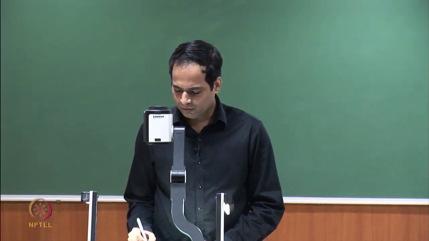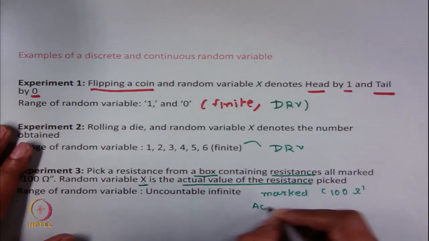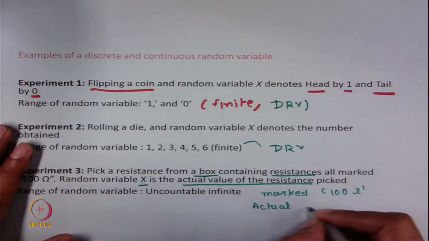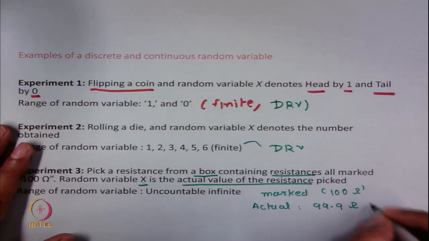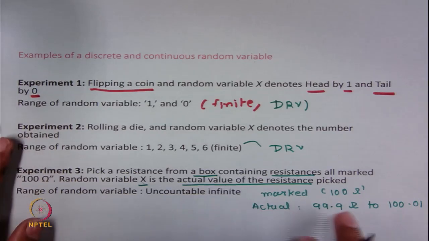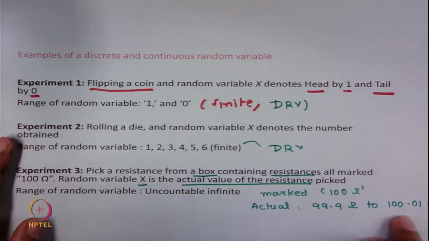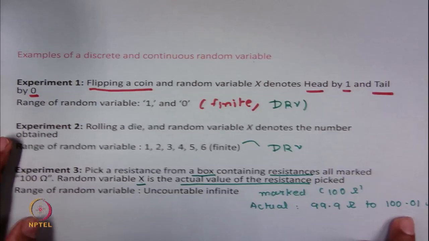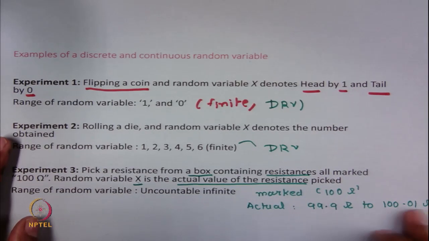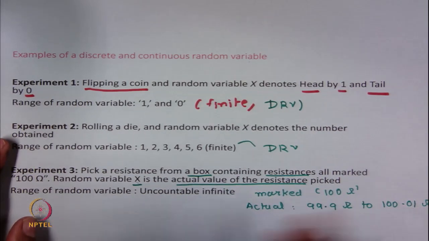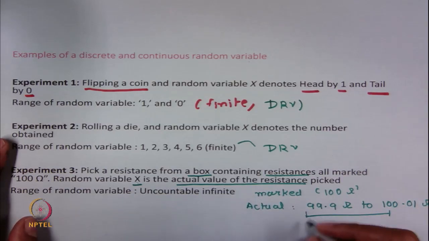And so, the actual value, let us assume, might vary from 99.9 ohm to, let us say, 100.01 ohm. And so, you see here that the actual value lies in this given range, 99.9 ohm to 100.01 ohm, and there are infinite values in this range.